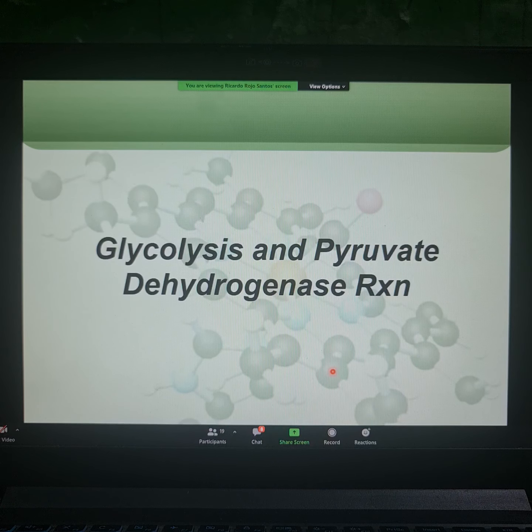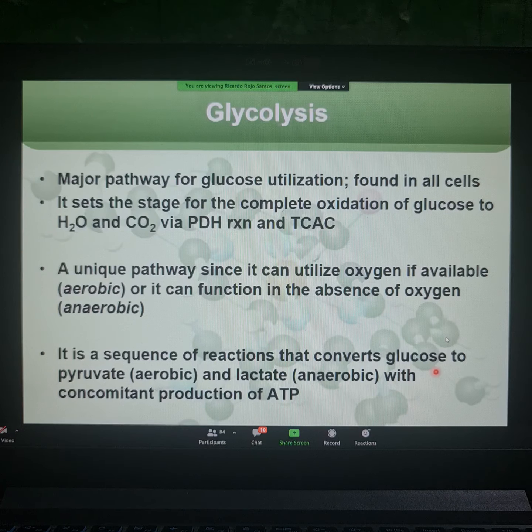So glycolysis is a sequence of reactions that converts glucose to pyruvic acid. That is the end product of aerobic glycolysis. Or it may end up as lactate when it is anaerobic glycolysis. Either way, we produce ATP.